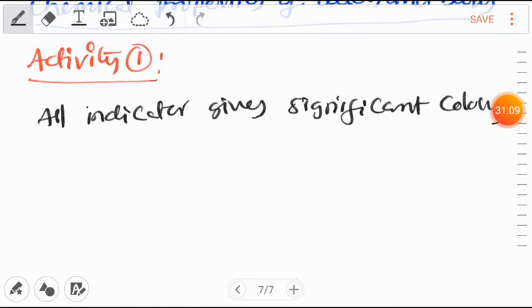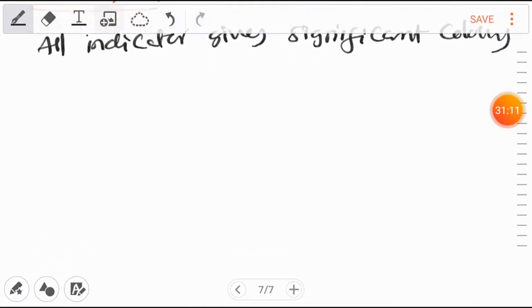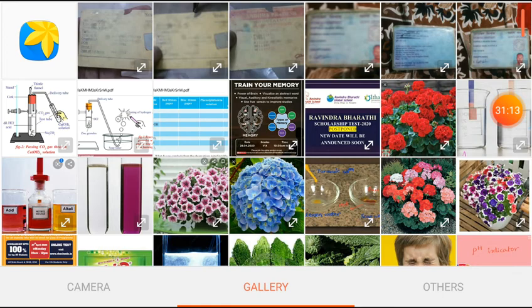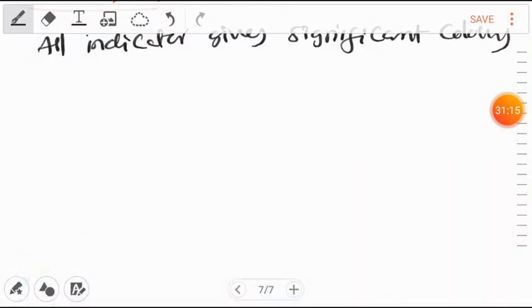To perform that, we need to perform an experiment following the table.